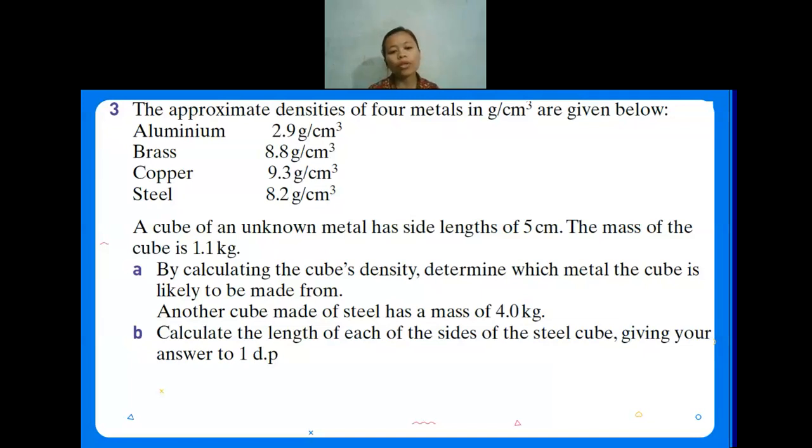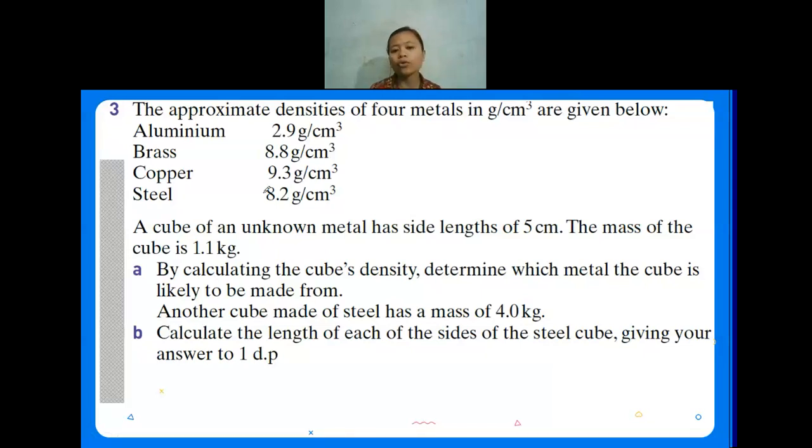Our job for question A is to guess what kind of metal it is, because density is related to the mass and also the volume. It will be better if we find the volume first, because we already have the mass, which is 1.1 kg.